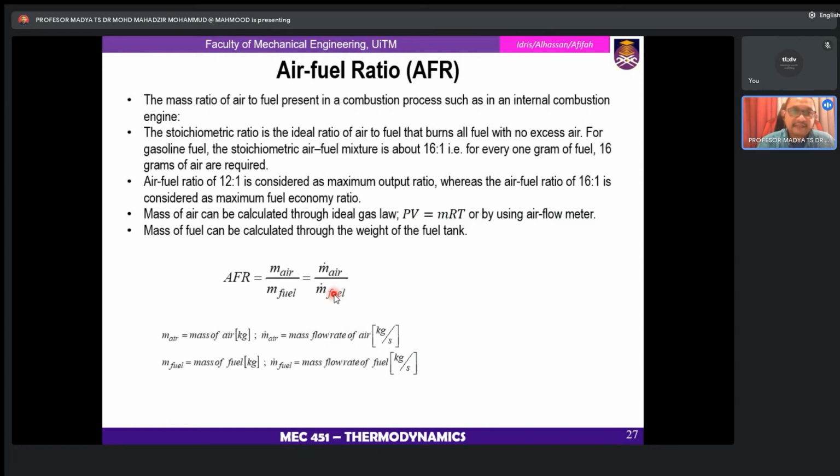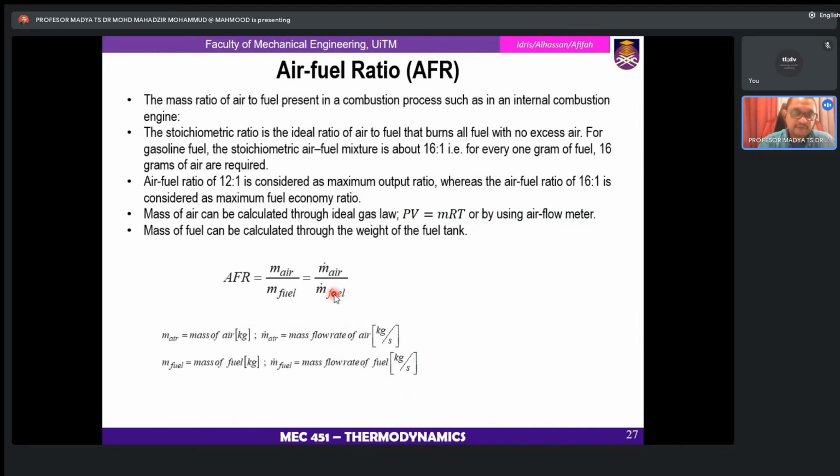For gasoline fuel, the stoichiometric air fuel mixture is about 16 to 1. For every 1 gram of fuel, 16 grams of air are required. So this is the stoichiometric air fuel ratio.